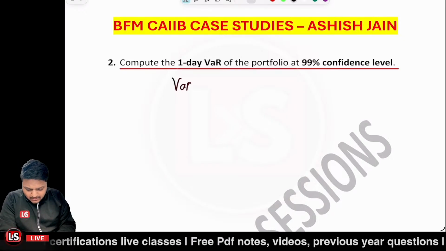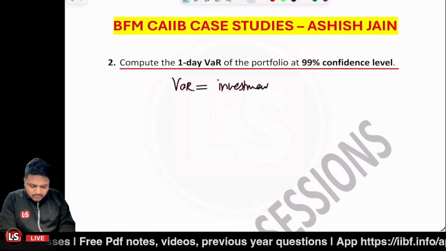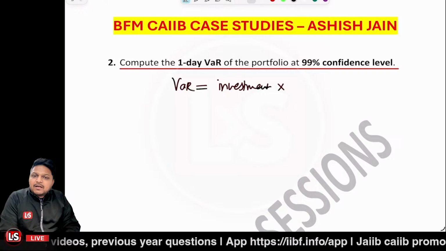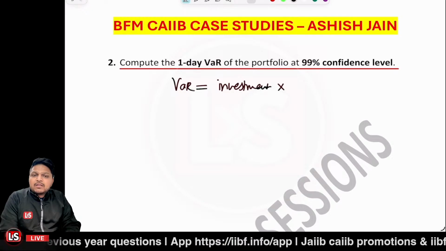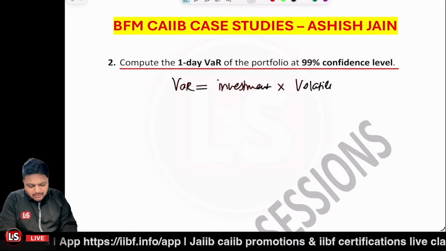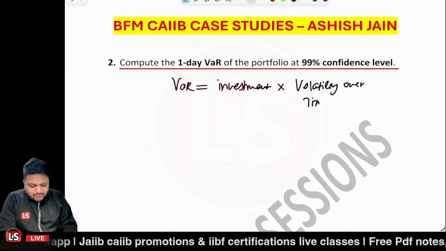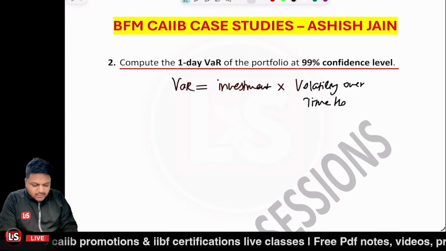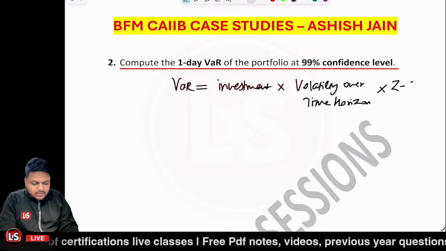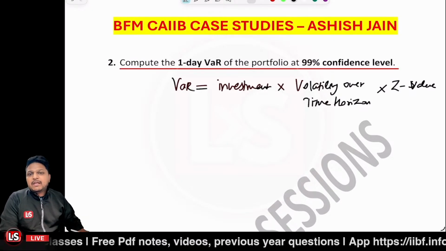So VAR is equal to whatever the investment value is, multiplied by the adjusted volatility for the time horizon, whatever time period is given for which VAR is to be calculated, multiplied by the Z value.